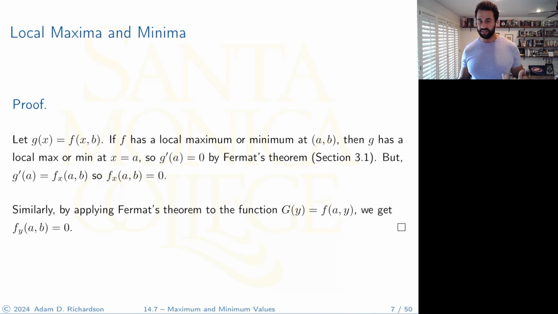Similarly, if you apply Fermat's theorem again to the function where you fix x instead and let y vary, then you get that the partial with respect to y is also 0. So if you have a local maximum or a minimum and your partial derivatives exist there, then they must be equal to 0, guaranteed.